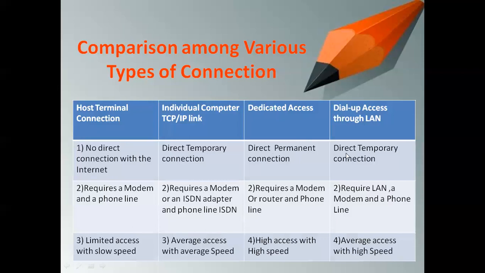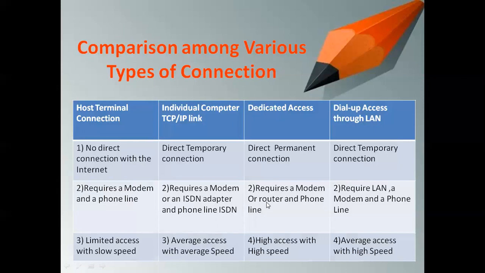Now what do they require, whether they require a modem or not. The first one requires a modem and phone line. If you want to do a host terminal connection, we need a modem and phone line. If you want to do a TCP/IP link, then we require a modem or ISDN adapter, and an ISDN phone line.